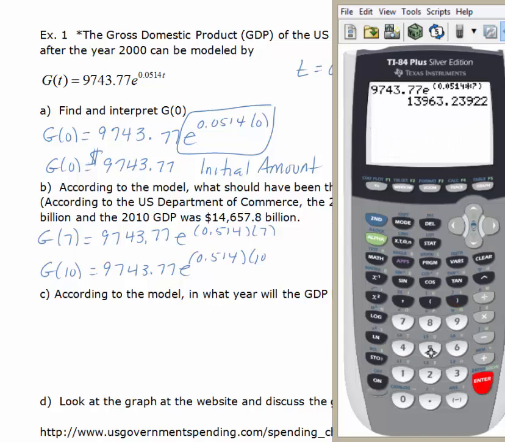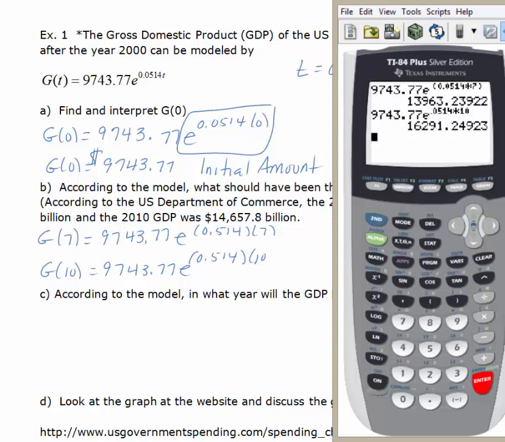And then we'll do g of 10, which is 9743.77, second function, natural log, e to the, again, 0.0514 times 10.